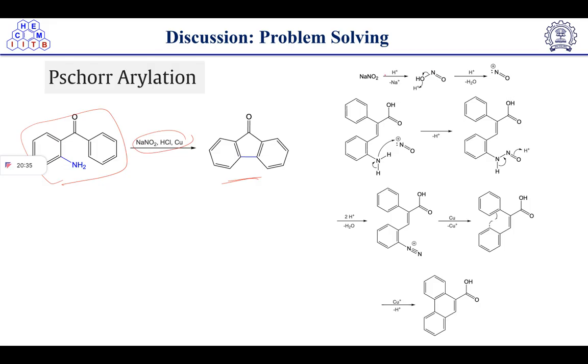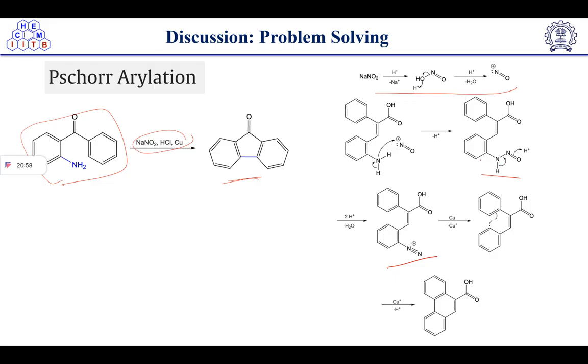As all of you know, we have discussed this thing. NO plus is generated from this HCl and NaNO2. And after that, we know that nitrogen is going to attack the NO molecule and it will give you an intermediate like this. After all those things, we will get diazo here.